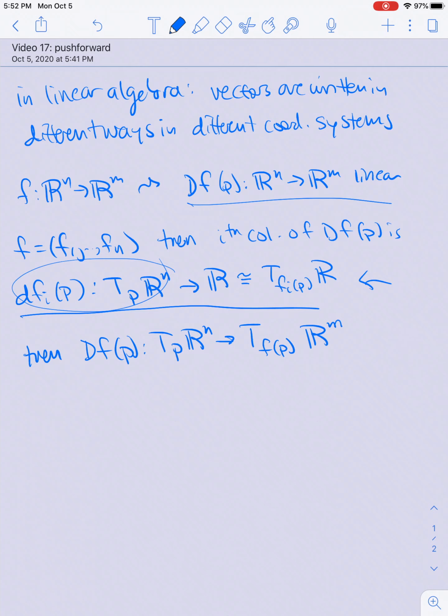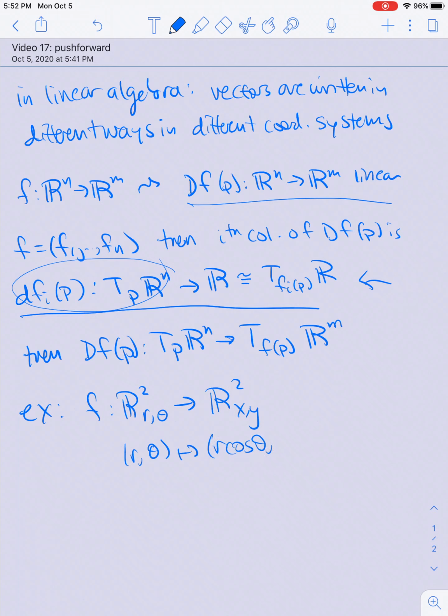So let's think about this as an example. If I have f being polar coordinates, I'll set this aside, say example. So f goes from R2 with coordinates r theta to R2 with coordinates x, y, and it's our standard polar coordinate map that we know and love. So r theta goes to r cosine theta, r sine theta.